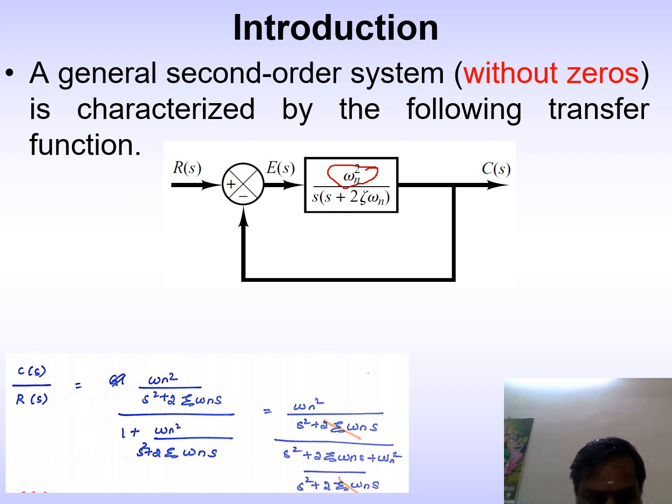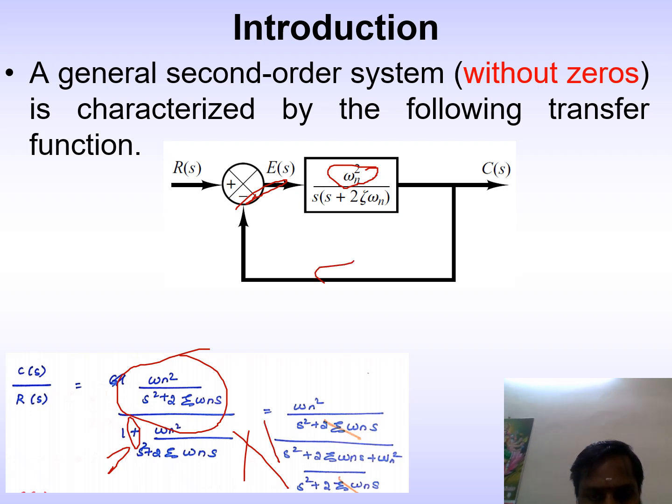We know the transfer function formula, that is the negative feedback closed loop formula. Forward path element is this one, over 1 plus, due to the negative feedback the sign is plus, the forward path element multiplied with the feedback path element, and the feedback path element is 1.